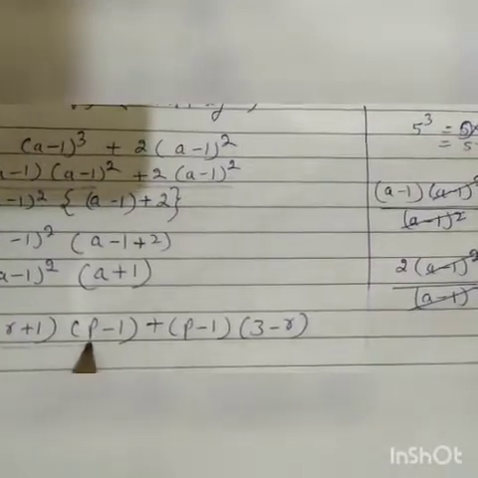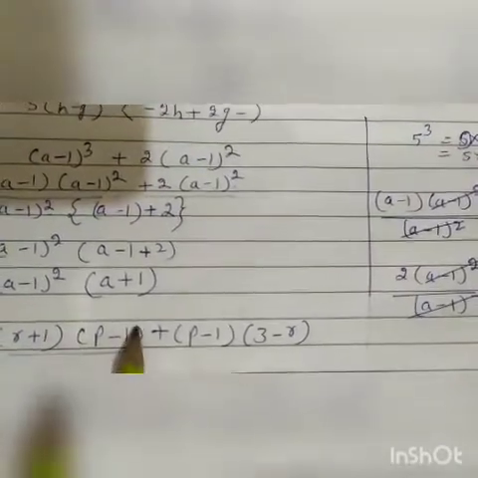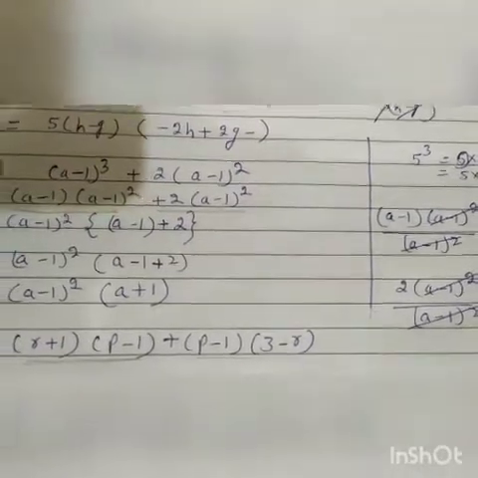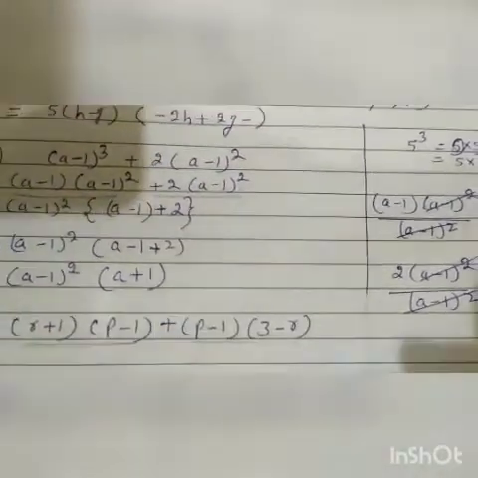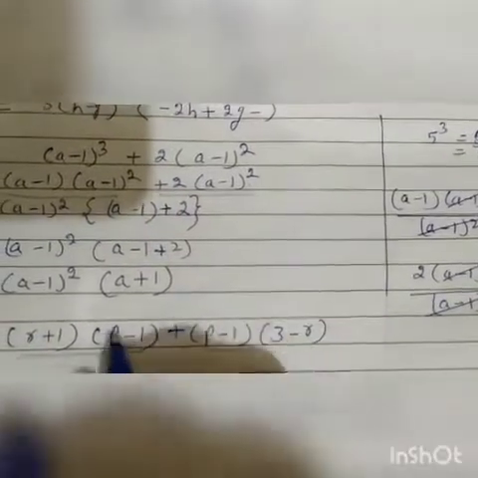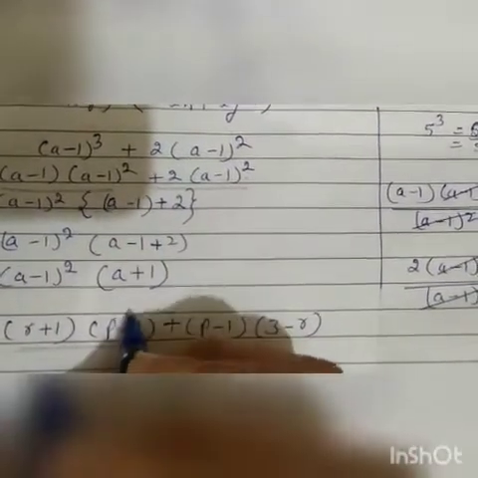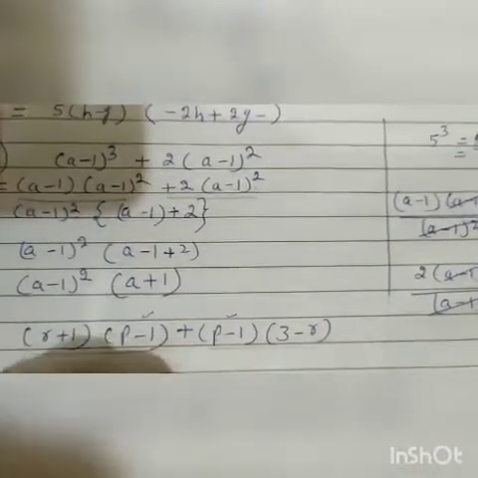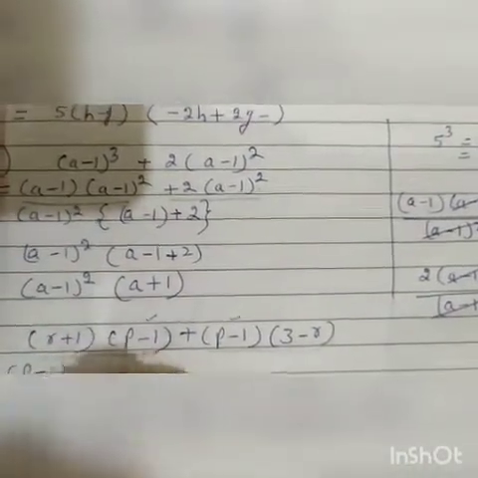It is our first term. From starting up to here, it is our first term and it is our second term. If we compare these two terms, we notice that this p minus 1 is the same in both the terms. So we will take p minus 1 as common.